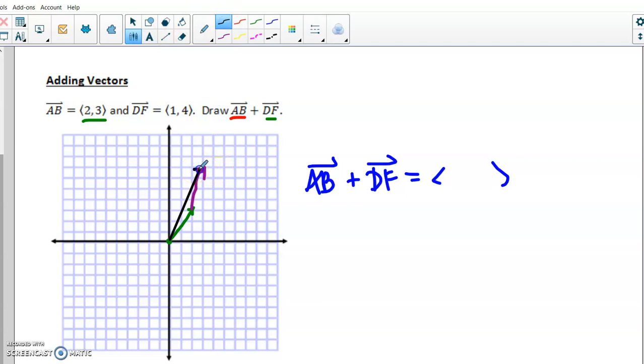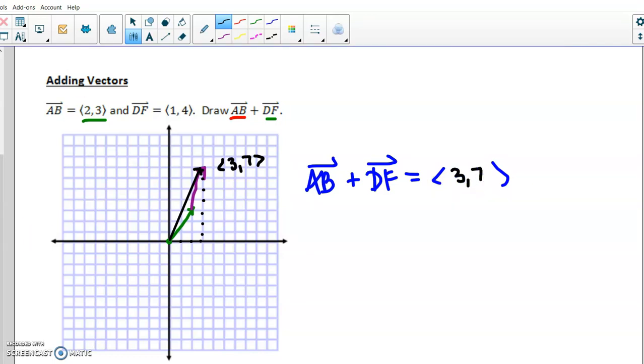So if we look at the coordinate of our head here, that's right 1, 2, 3. So it has a horizontal component of 3, and up 1, 2, 3, 4, 5, 6, 7. So when we add these two vectors together, we should get 3, 7.